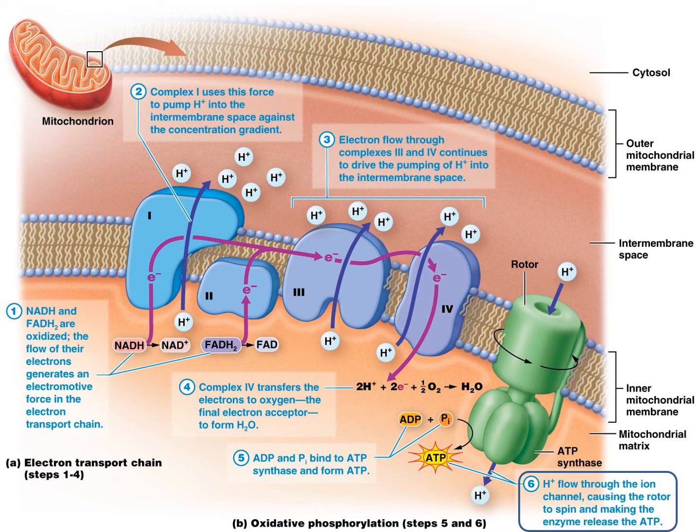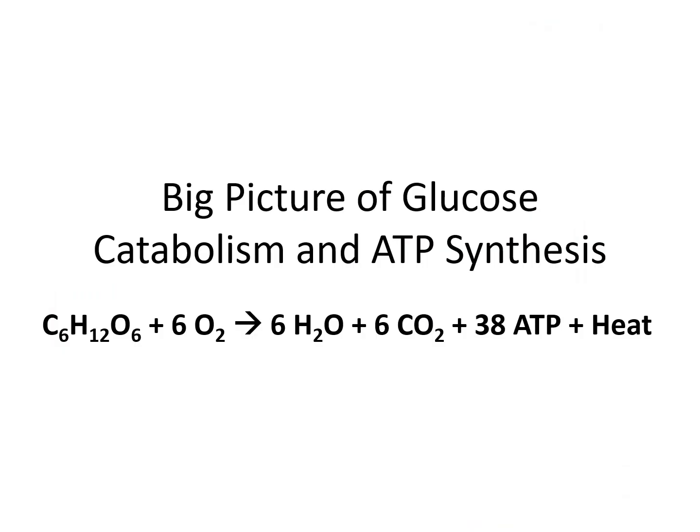And so this is how the electron transport chain and oxidative phosphorylation produce much more ATP than glycolysis or the citric acid cycle. So here's the big picture of glucose catabolism and ATP synthesis. One molecule of glucose is catabolized using 6 molecules of oxygen. Now we know what the oxygen is for.